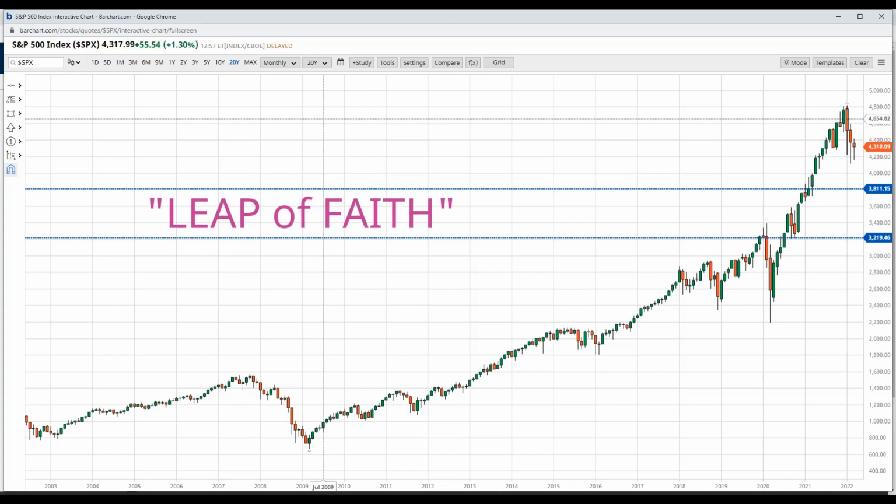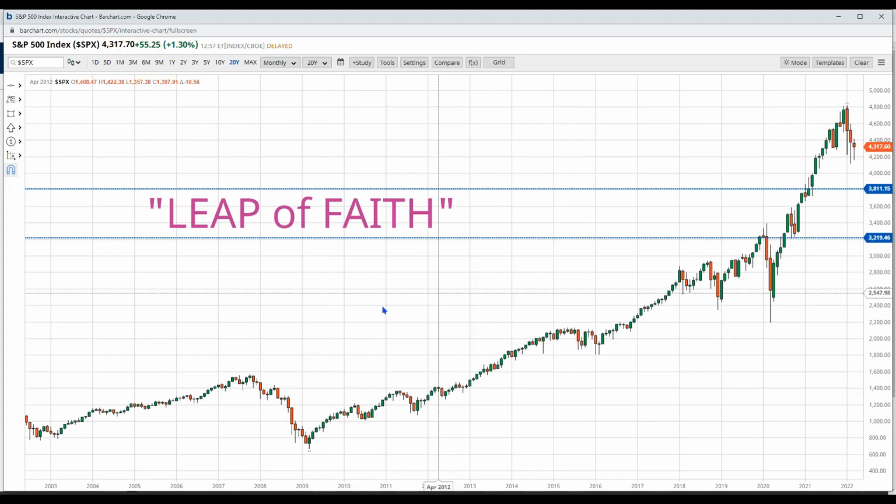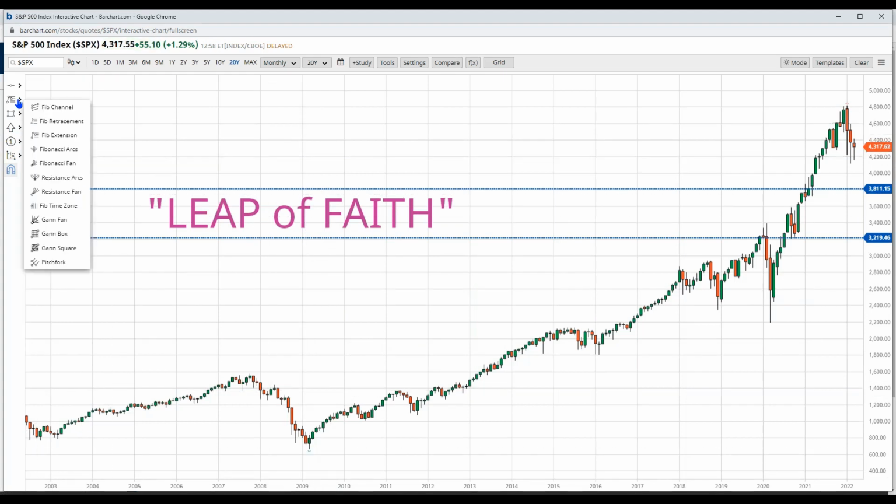That's basically just in a price movement where price stops going down, swing low, and starts going up. And a swing high is where price stops going up and starts going down. So here we have this chart that goes back to March of 2009, the start of quantitative easing, right after the financial crisis of 2008.